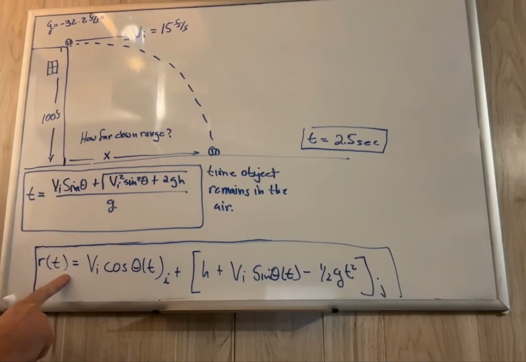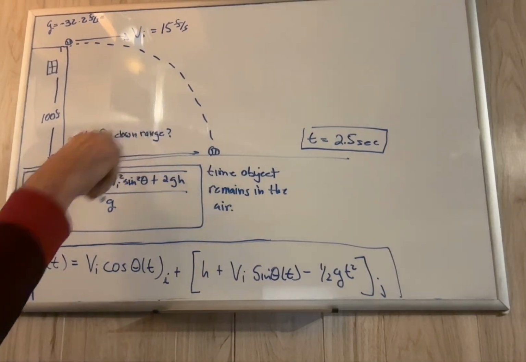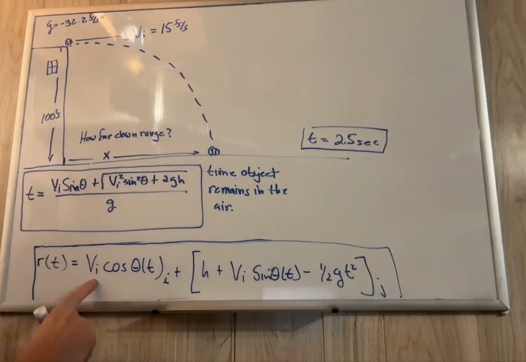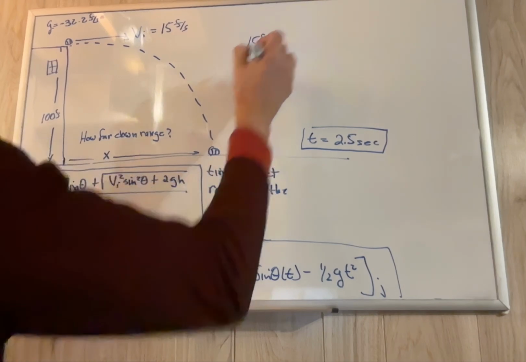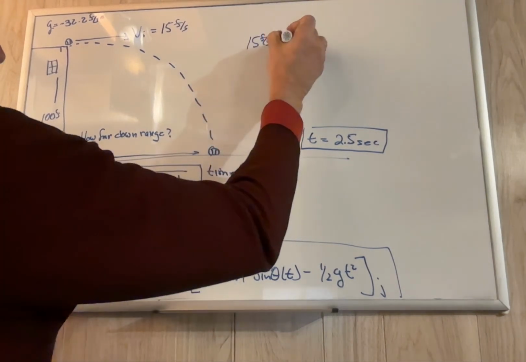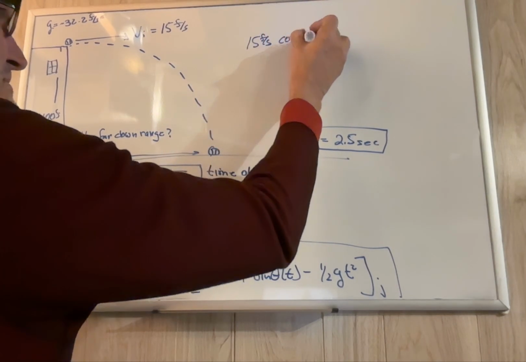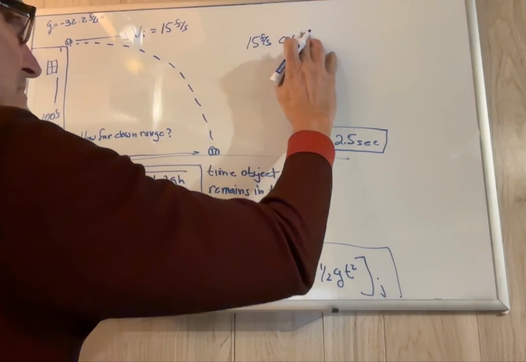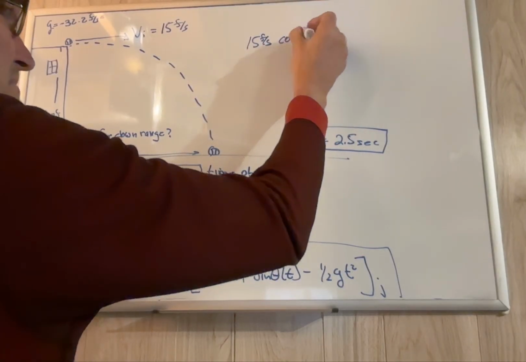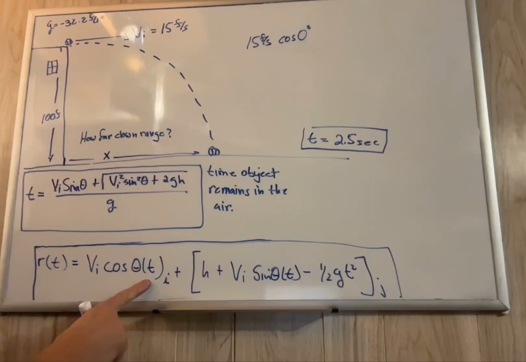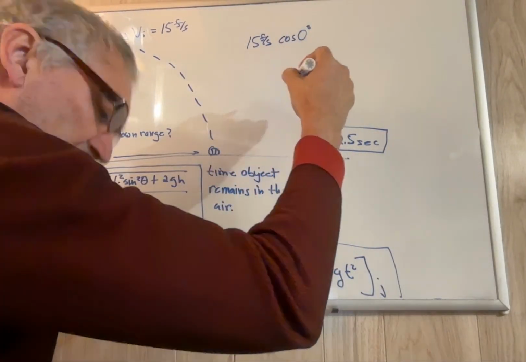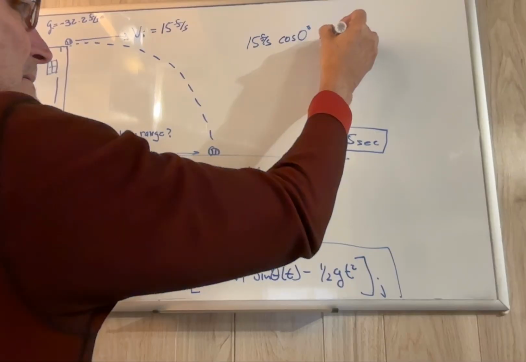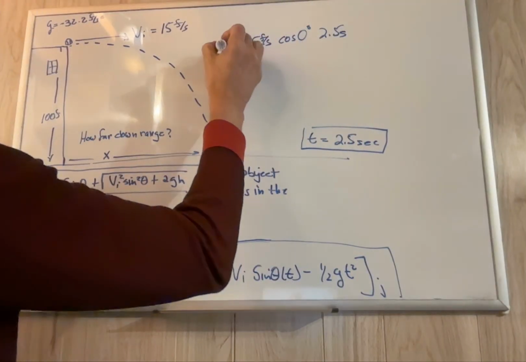So let's find out what it is in the I direction, because that's how far down range it is. We're going to have our initial velocity, which is 15 feet per second, times the cosine of 0 degrees, which is just 1, times our time, which is 2.5 seconds. Is that correct? 2.5? Yes, it is correct. This is going to be our downrange.